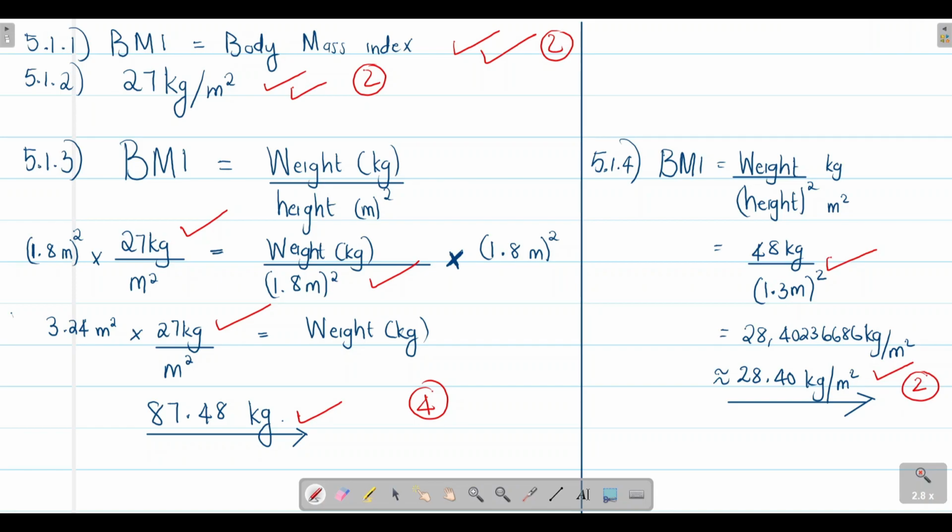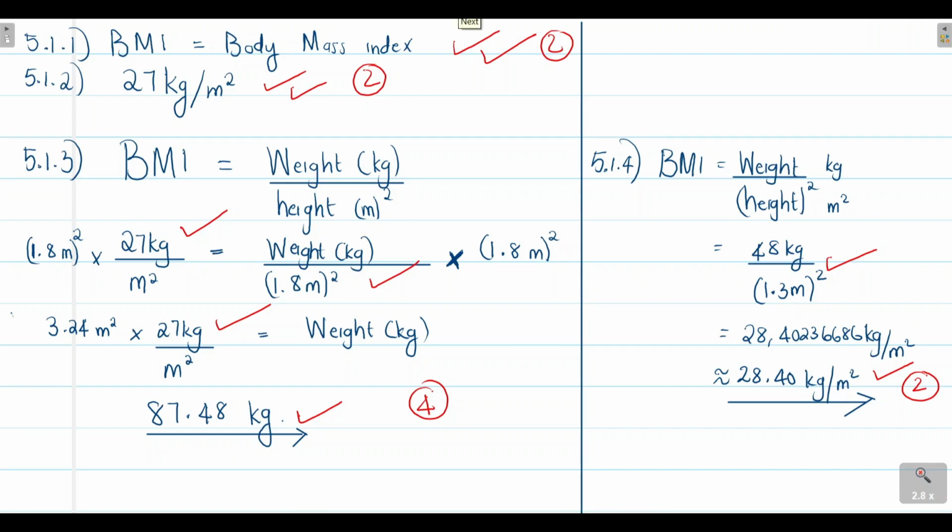So question 5.1 was out of 10, and it's an easy 10 marks because we are just reading off values from the charts and substituting values into the given formula. Where they would probably catch you is in calculating your height. You were supposed to see that if your height is in meters squared, you need to square the value of the height that you are given. All right, so that is it for question 5.1.